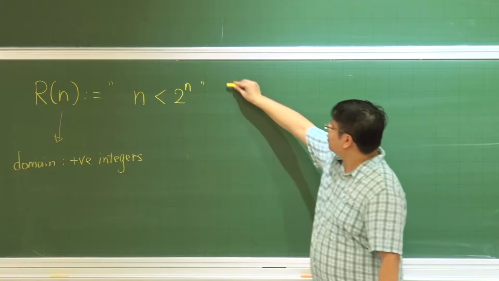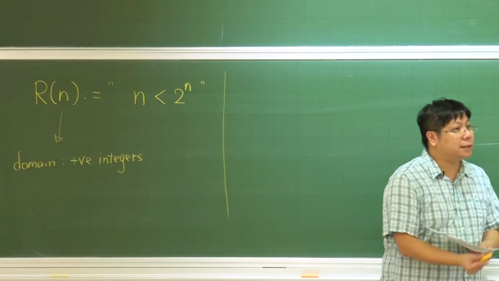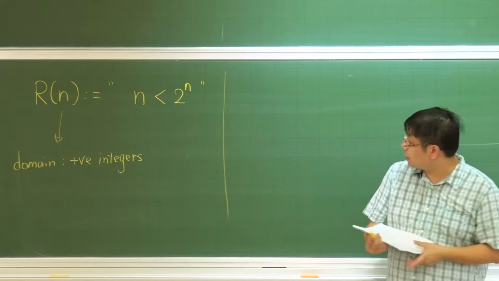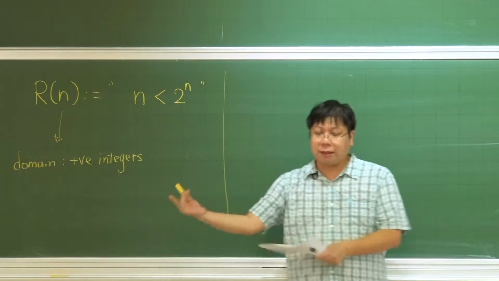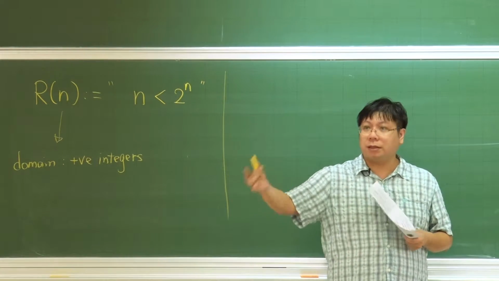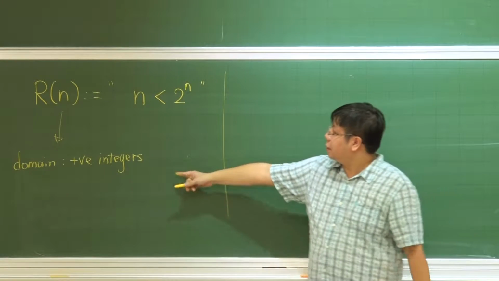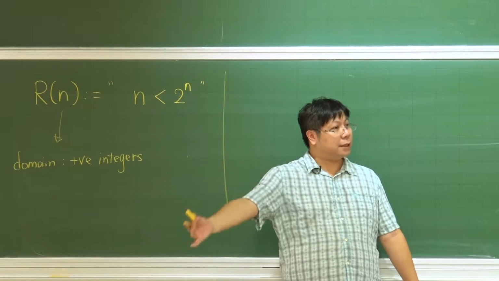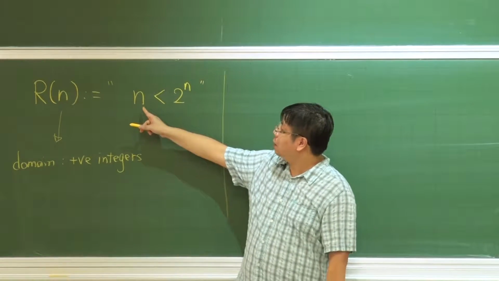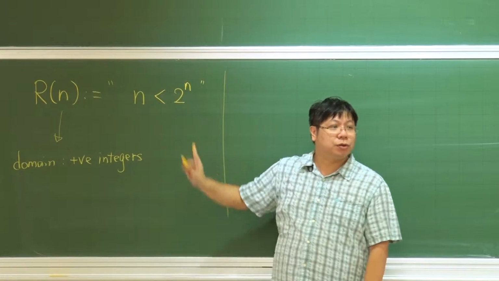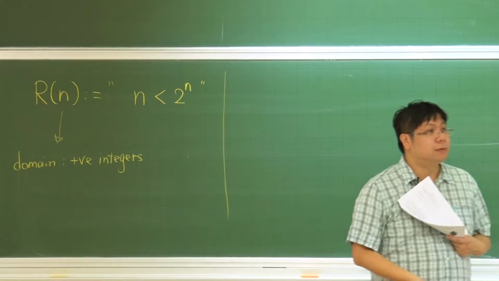So quickly, what is the base case? The basis case is R(1), because we want to show all positive integers are okay. The base case is naturally choosing the smallest possible integer in this domain, so let's say 1. So R(1) is 1 is less than 2 to the power 1. Is it true? Yes.